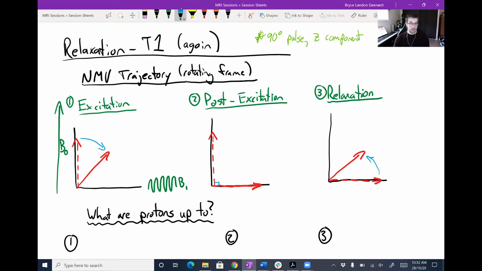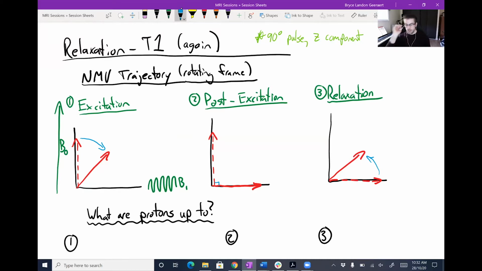So this is what I chatted about last session, and it's easiest to explain things this way, as once you dig into what's going on with individual protons, like we were talking about at the very start of this workshop series, things get a lot more complicated and quantum and messy.